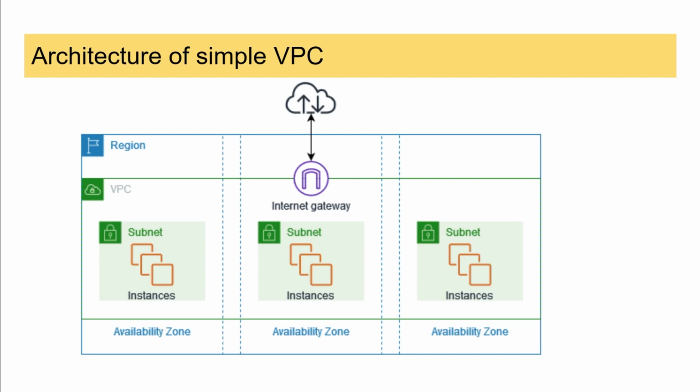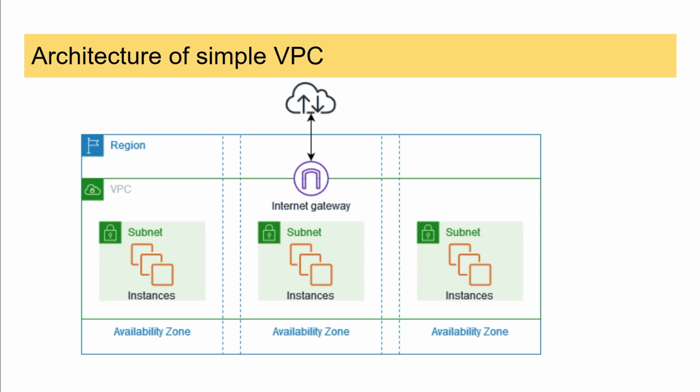Excellent. In this slide, we will have a look at the architecture of a simple VPC. As you see in the picture, we can already see a couple of elements here: region, VPC, internet gateway, subnet, instances, and availability zone. VPCs are regional resources. What I mean by that is a VPC can be present only in a single region. A VPC cannot spread across multiple regions. If we create VPC 1, it can only be present in region 1, but not in region 1 and region 2 at the same time.